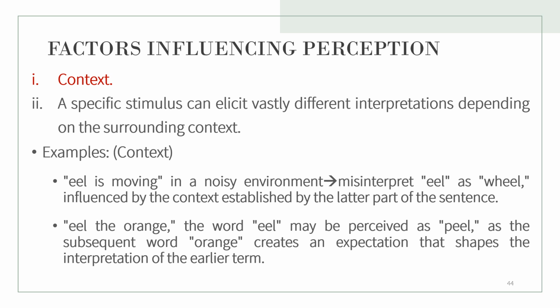A similar example: "peel the orange." If someone says it in a noisy environment, it can be perceived as "peel the orange" because orange is the context. So in both cases, eel is perceived as wheel in the first case and peel in the second case.